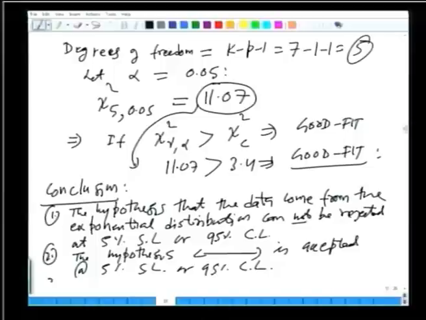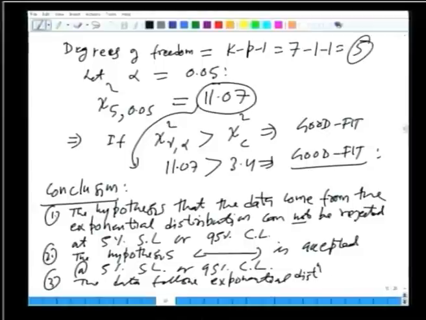Or simply you can say that the data follow the exponential distribution at alpha equal to this or confidence level equal to 95%. Okay.